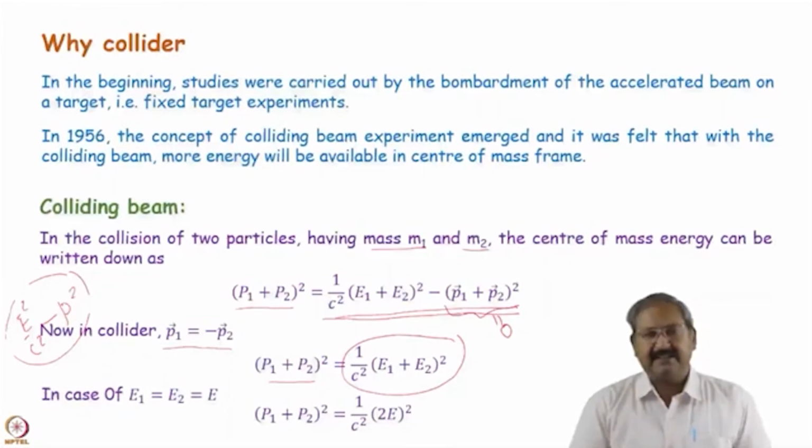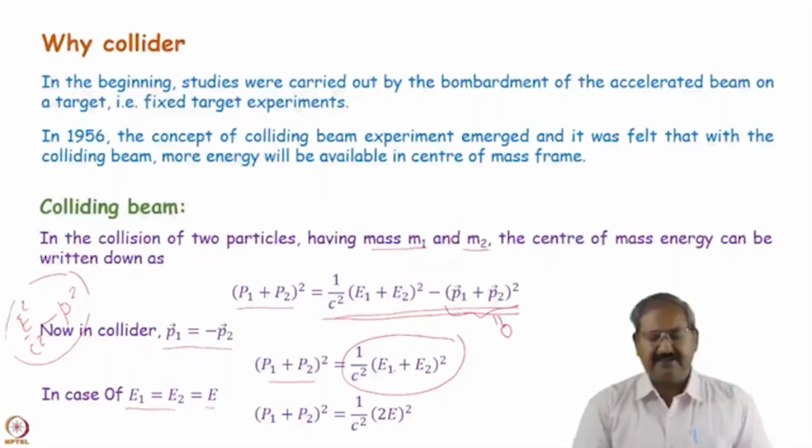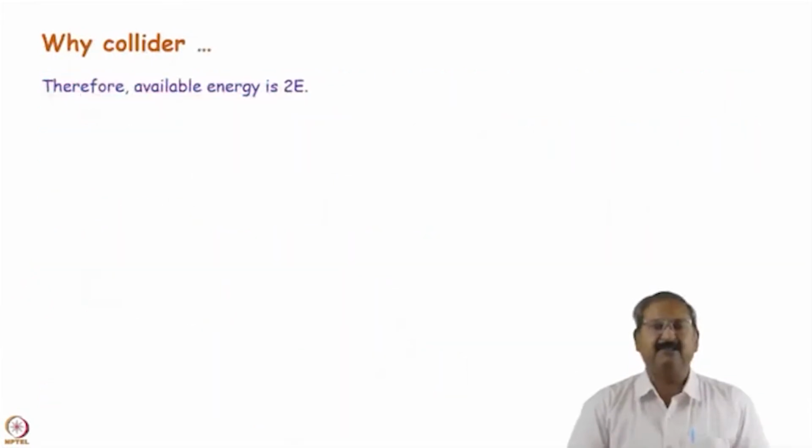In case the collision is taking place at the same energy, meaning both particles have the same energy, say E1 is equal to E2 is equal to E, then we have this 2E. So (2E) square by C square is the invariant, and it means the energy is 2E. 2E is the energy available in the center of mass.